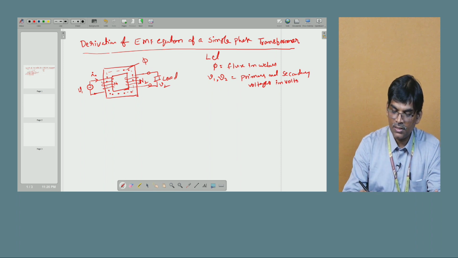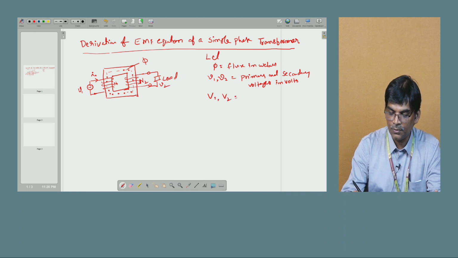We also refer to the effective values V1 and V2, the primary and secondary voltages in volts.